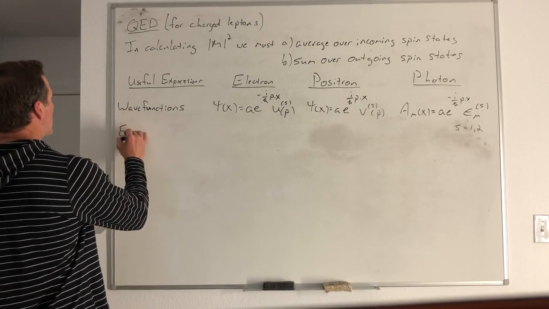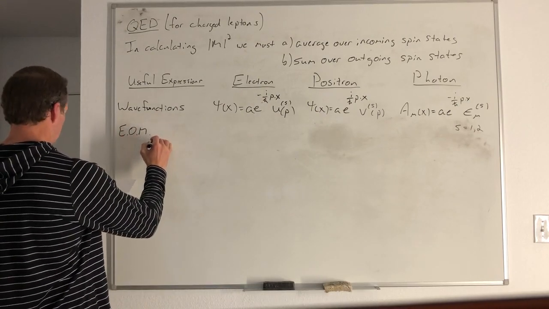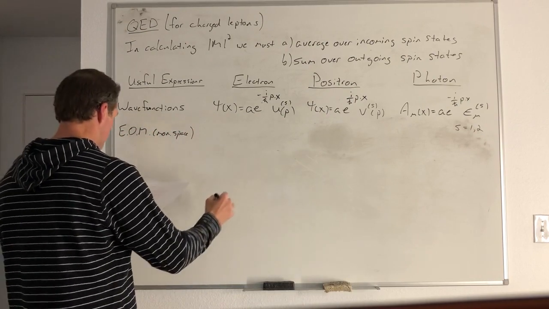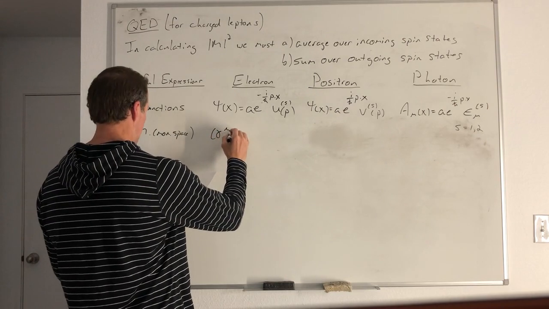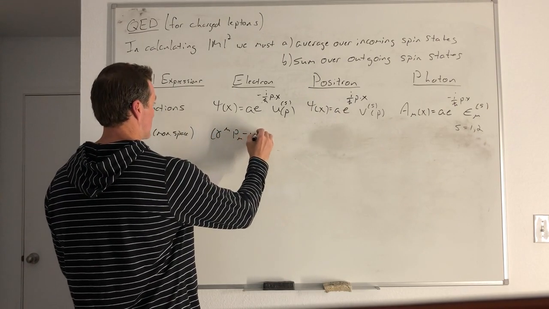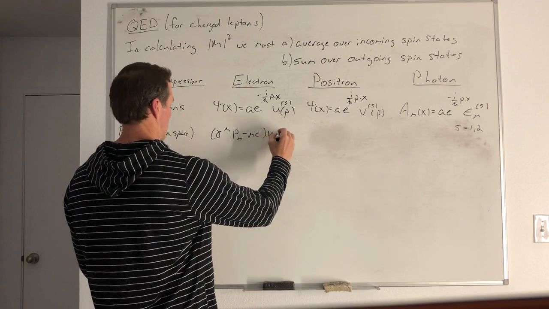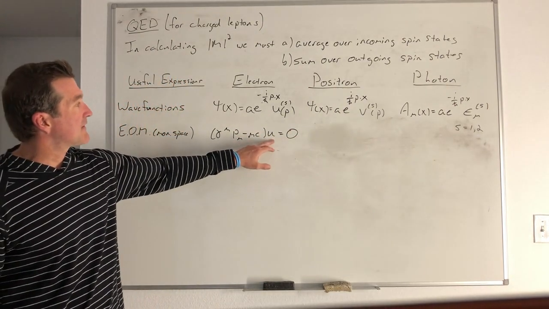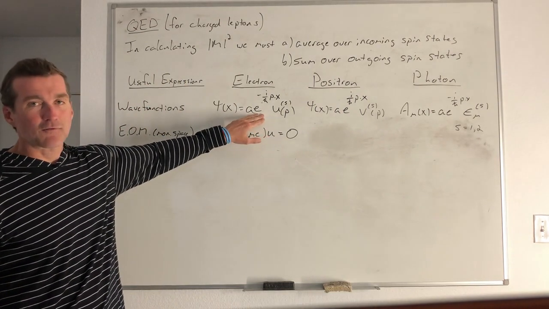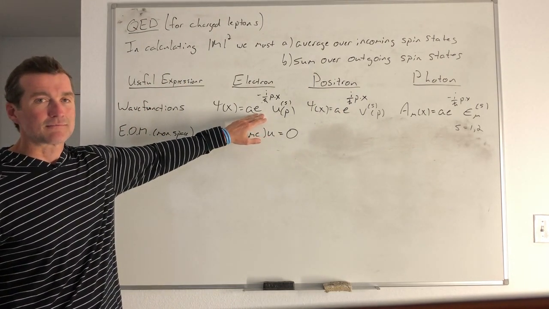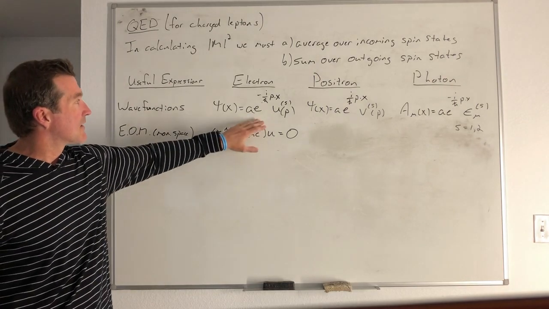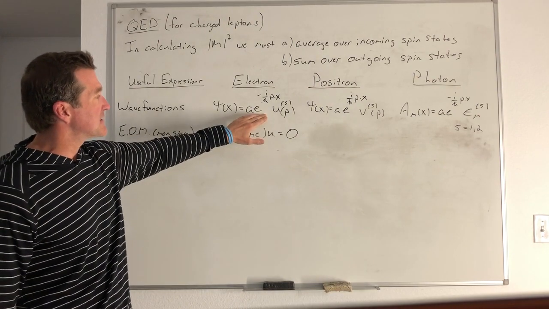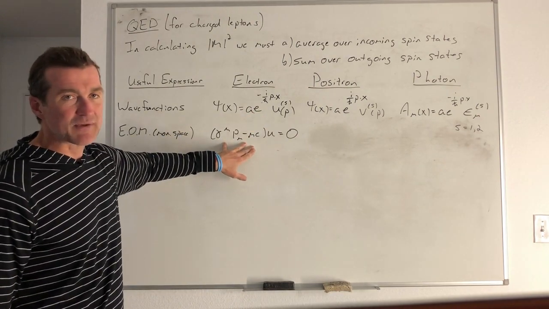All right, so we need equations of motion in momentum space. And these are pretty easy. Gamma mu p mu minus mc times u, because this is just an overall constant. Sorry, it's trivial in the spin space, and this is non-trivial in the spin space.